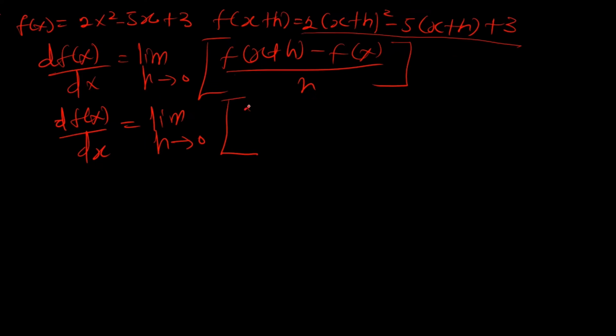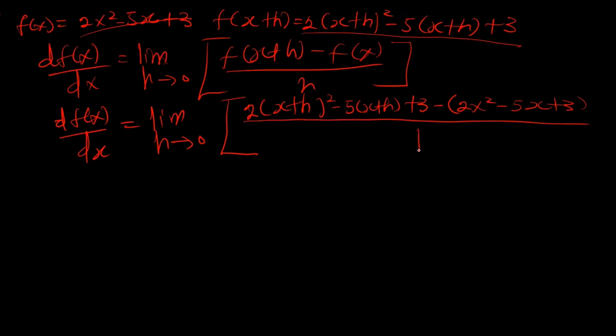We get 2 times x plus h squared minus 5 multiplying x plus h plus 3, minus f of x, as minus this whole function, 2x squared minus 5x plus 3, all over h. The rest is just simplification, application of the limits that we learned.